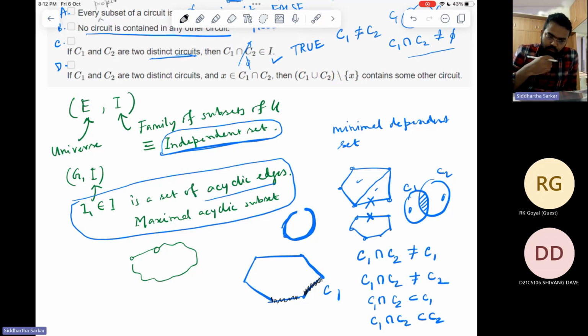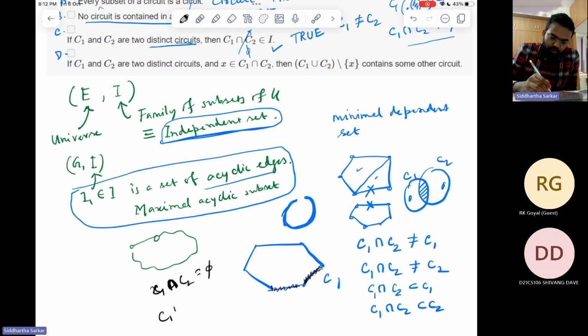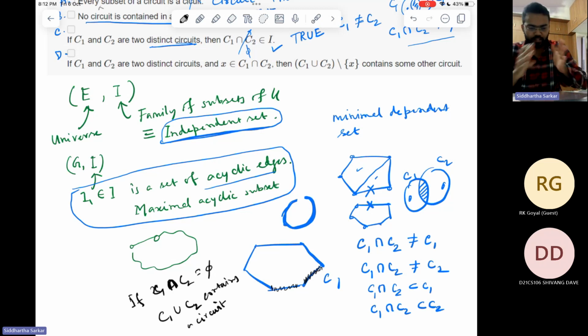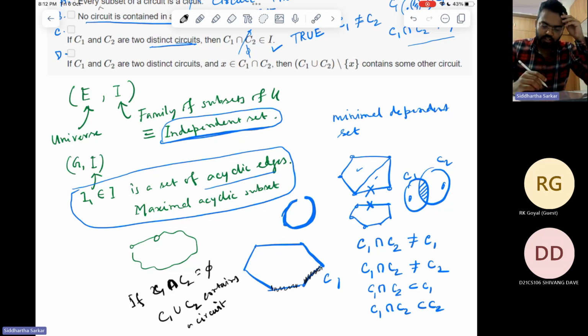The case when C1 intersection C2 is null is already taken care of, because then C1 union C2 contains C1 as a circuit or C2 as a circuit. That is trivially true in this case.